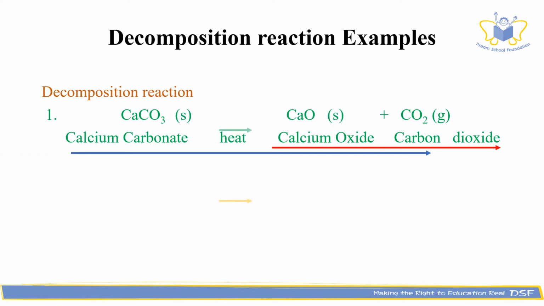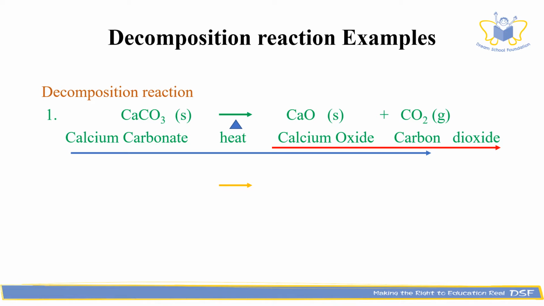The decomposition reaction is effected by heat or light, which dissociates the bonds. The decomposition of limestone, calcium carbonate, to make lime, calcium oxide, is an endothermic process. It is necessary to heat limestone to a high temperature for this reaction to occur.